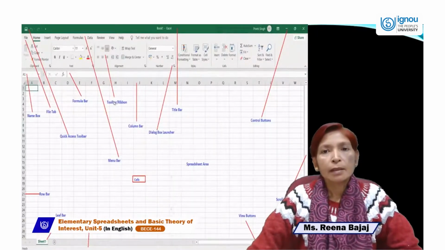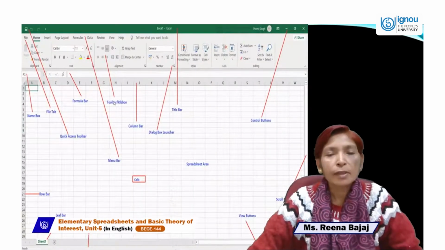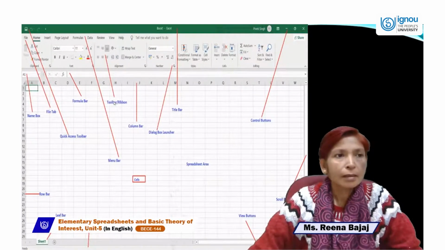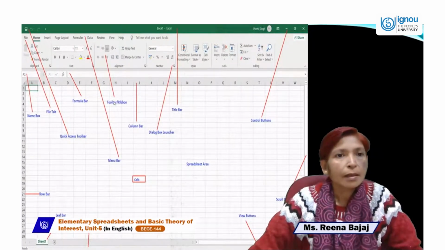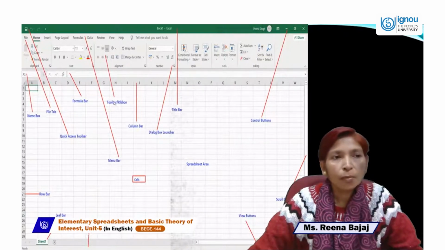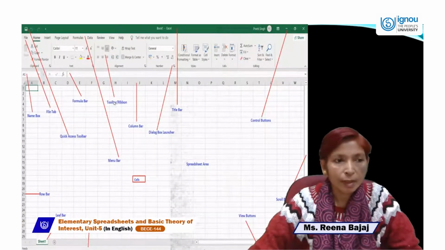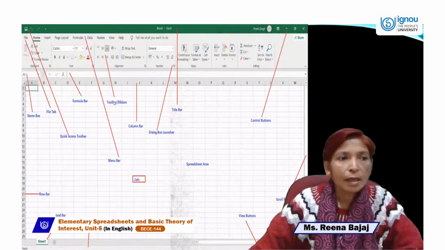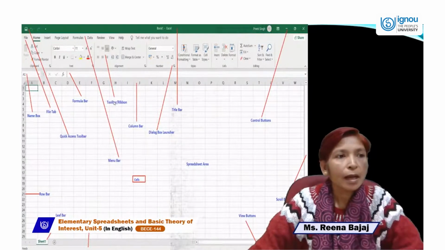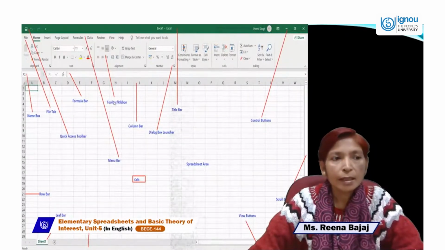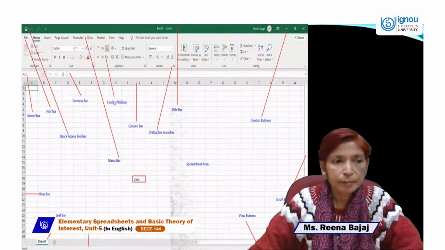This is the form of Excel. In Excel, file, home, insert, formulas, data, everything is given. First is the file tab.